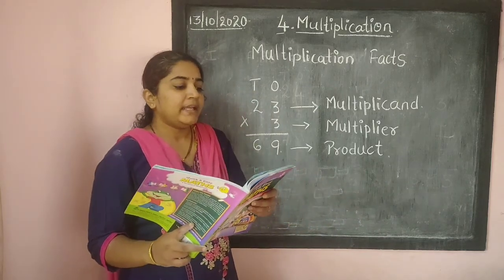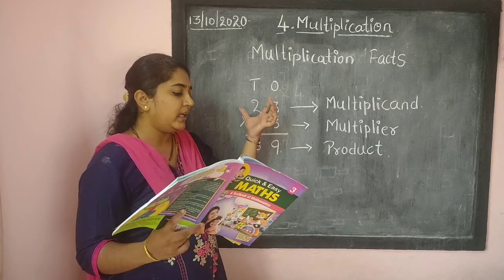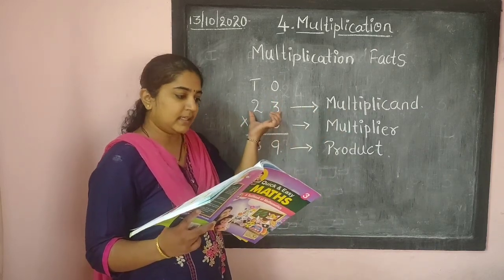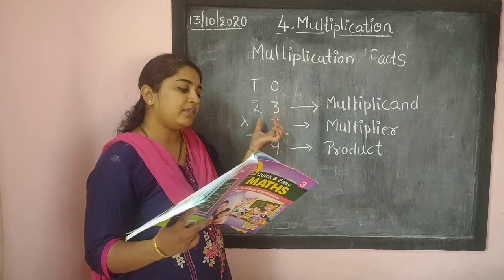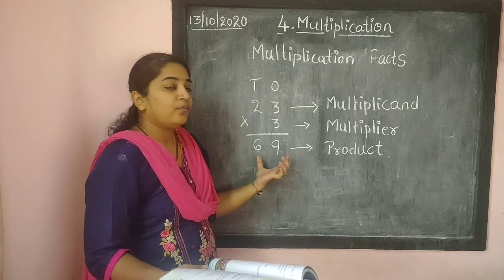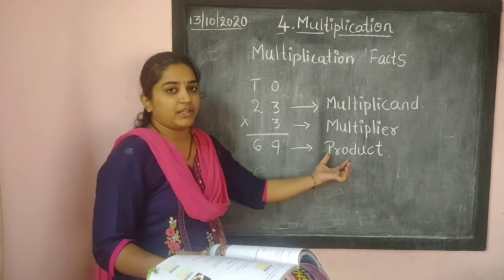So in a multiplication sum, the number to be multiplied is called the multiplicand. The number by which we multiply is called the multiplier. Then the answer we get, we call it the product.